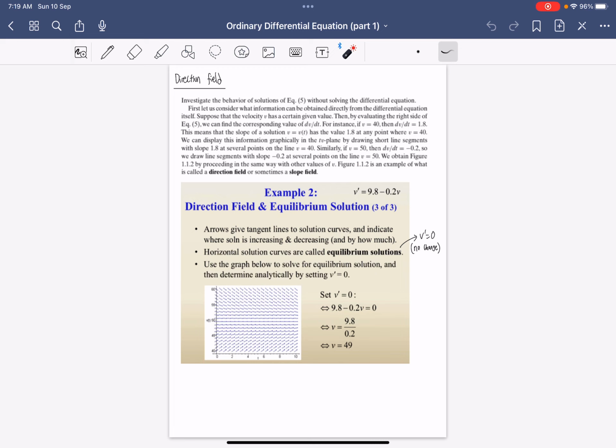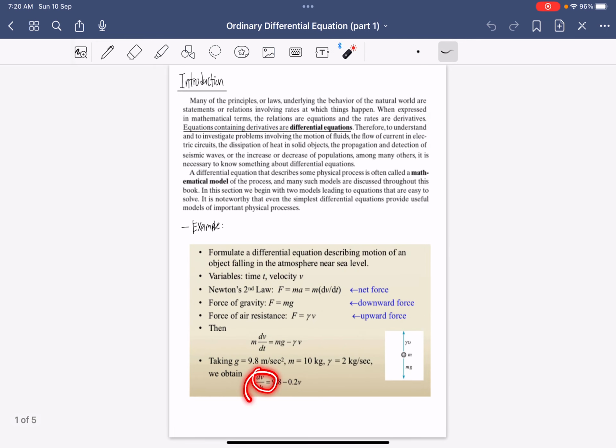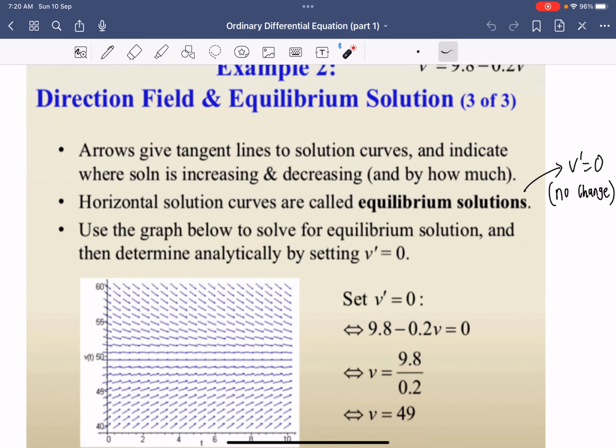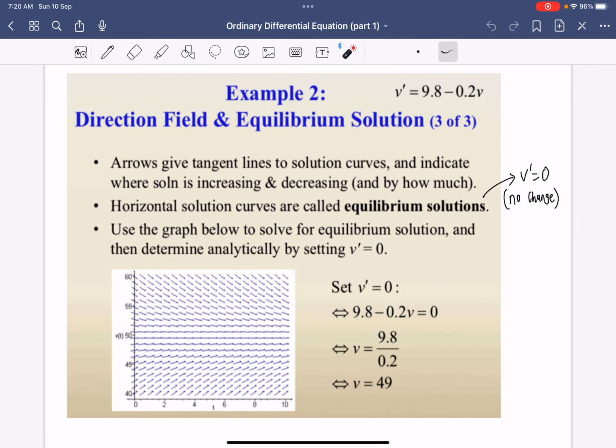So how do you find the direction field? You just substitute different v's and you get different gradients. And what is a gradient? This dv/dt value is the gradient of the tangent line of the curve.